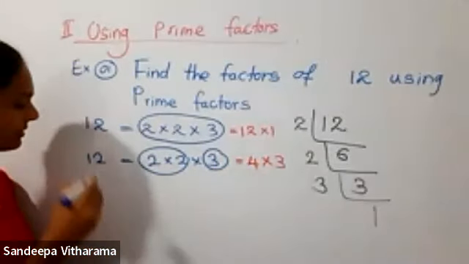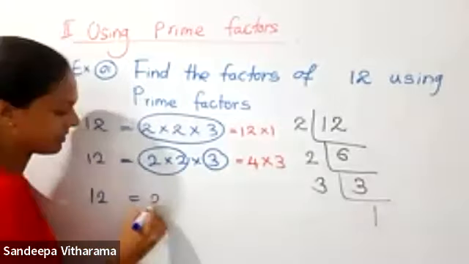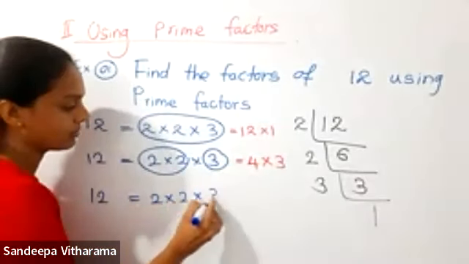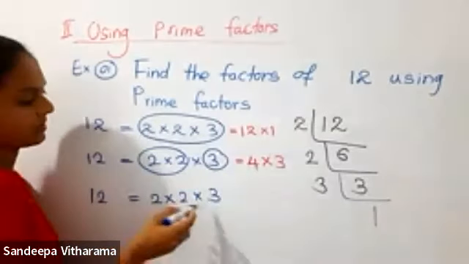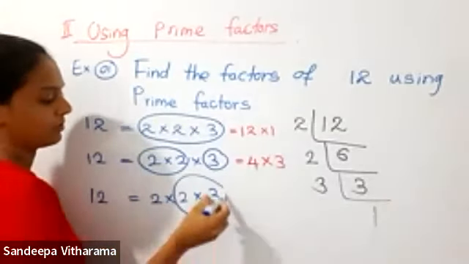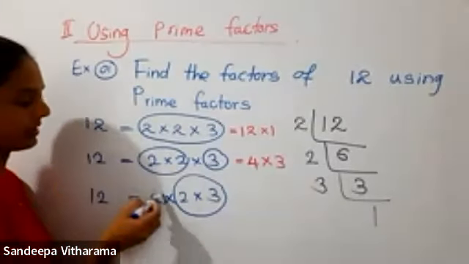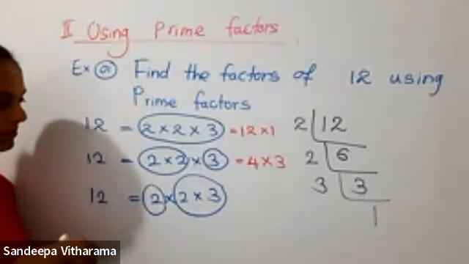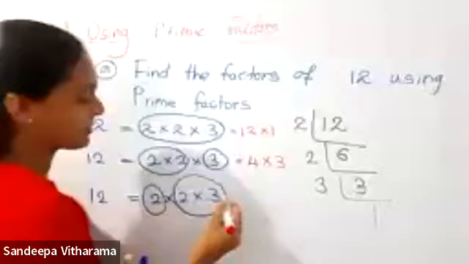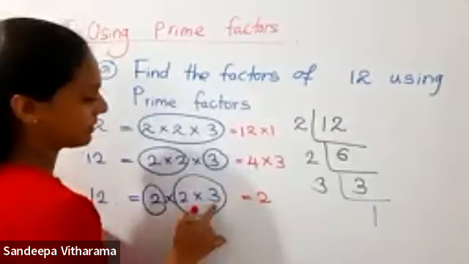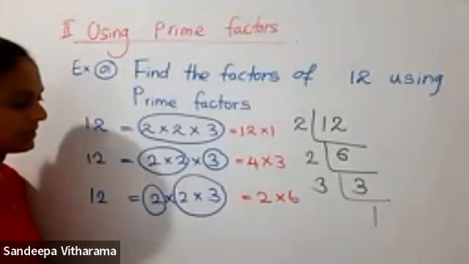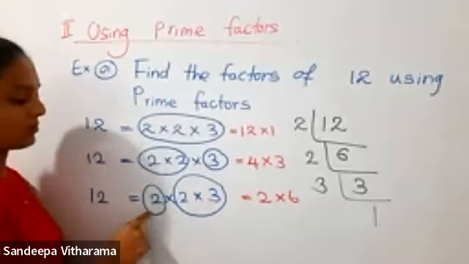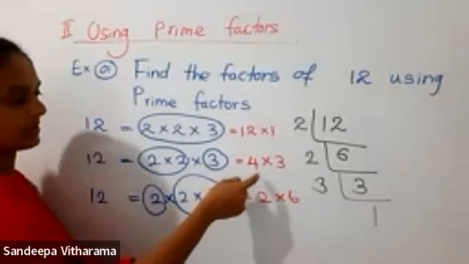Then I write it again: 12 is equal to 2 into 2 into 3. Now I consider 2 into 3 and 2 separately. 2 into 3 is 6. If we consider 3 and 2 into 2 again, we obtain this one.